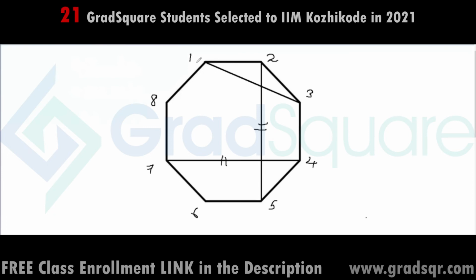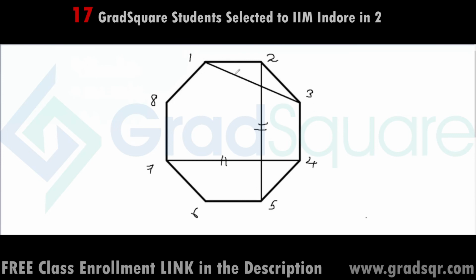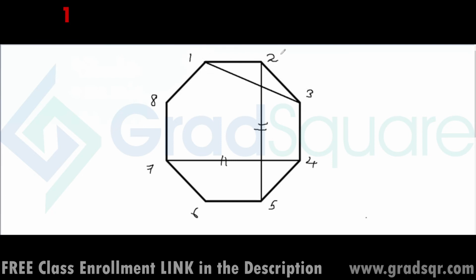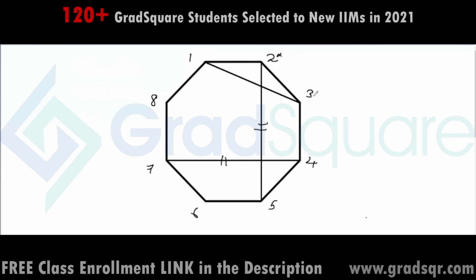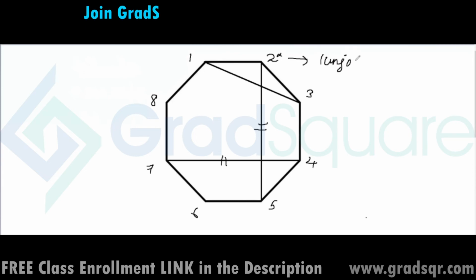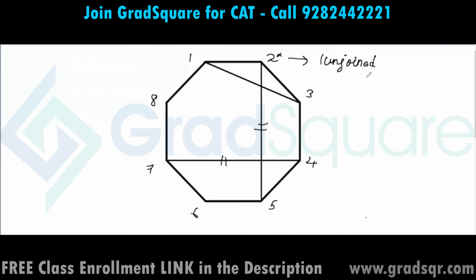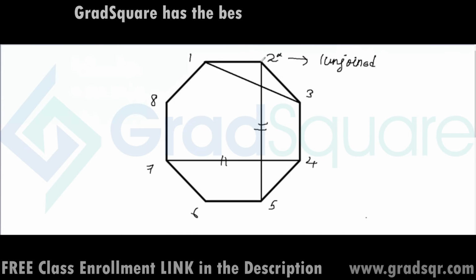So that trick is, let me take the case of diagonal 1, 3 first. The diagonal 1, 3 is formed by joining the vertices 1 and 3. So I'm starting from 1, I'm leaving 2, then I'm joining 3. So between the two joined vertices, there is exactly one unjoined vertex. Similarly, if I take the diagonal 2, 5, then I'm starting from 2, I'm leaving 3, I'm leaving 4, I'm joining 5.